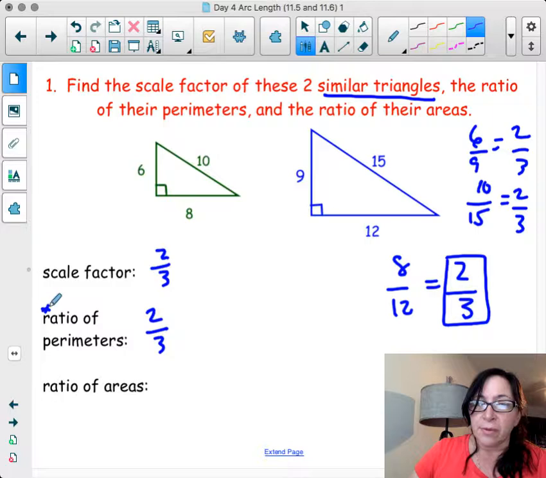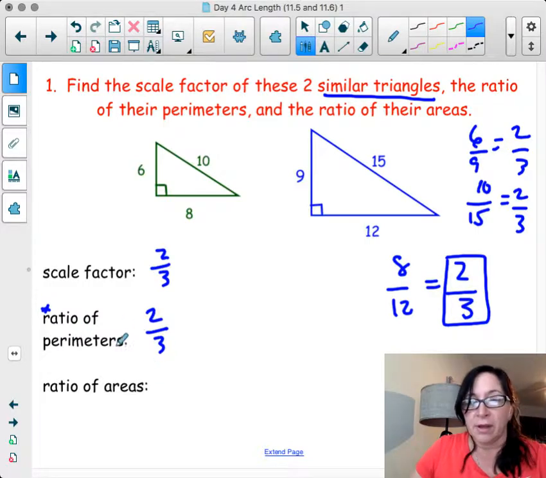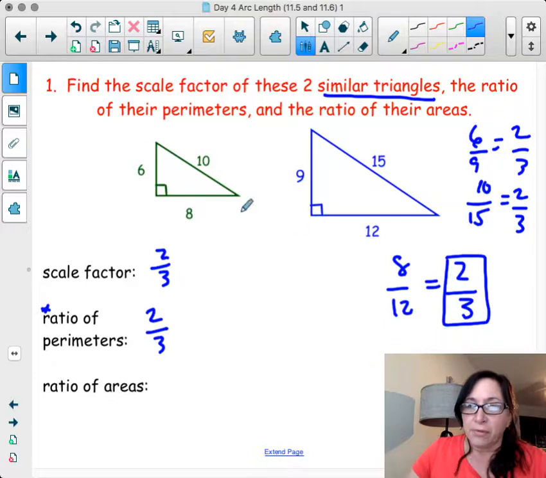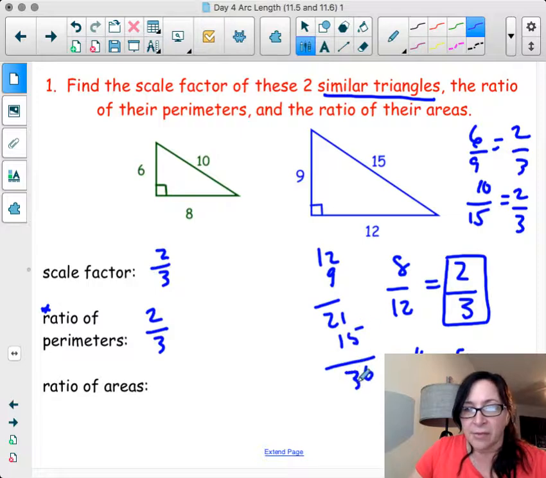Just to show you, because I tell you that the ratio of the perimeters is exactly the same, we can prove that by adding these up. We have 10 plus 8, which is 18, plus 6, which is 24. This one, we've got 9 plus 12 is 21, plus 15 is 36.